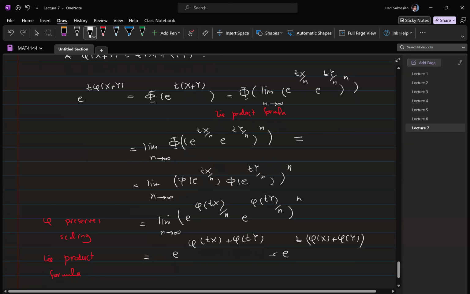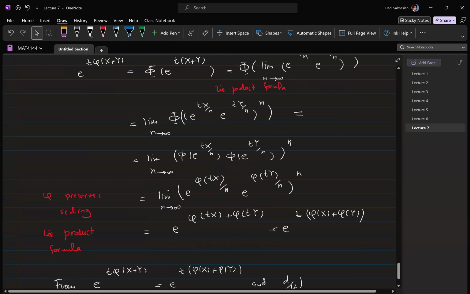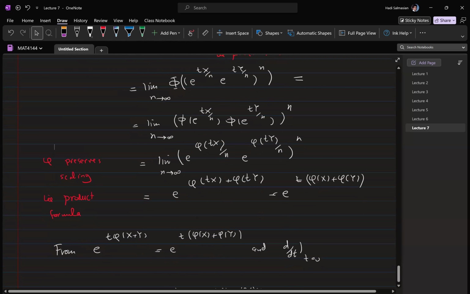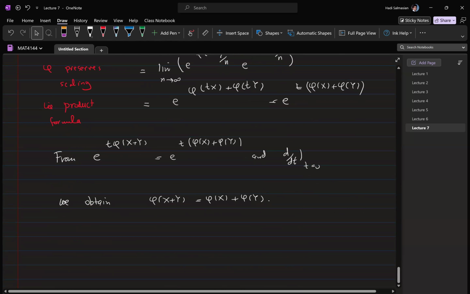And now we have this expression, which is really the Lie product formula for phi x plus phi y, or phi tx plus phi ty, whatever. And then by equality of the two exponentials, we see that phi of x plus y, which is the exponent, equals phi x plus phi y, which is the other exponent. All right, so we verified this one.